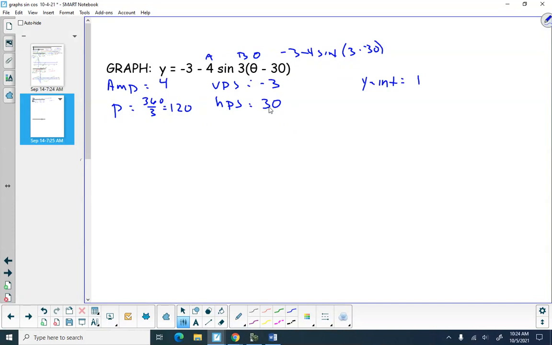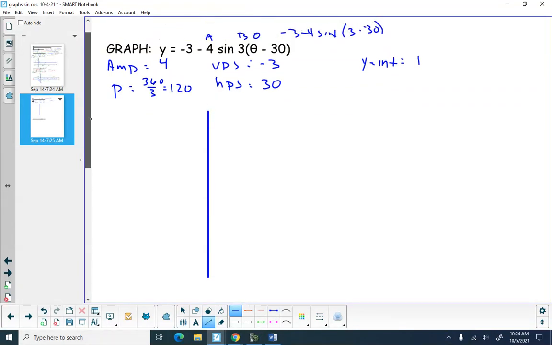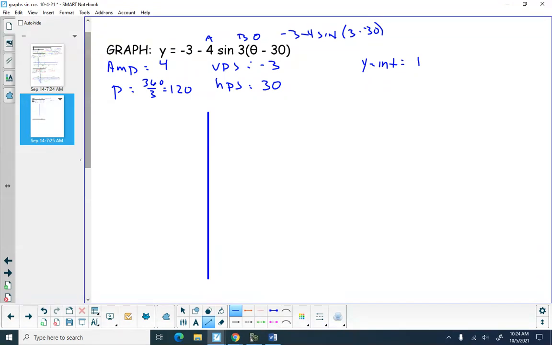All right. So take a look at the graph now. My amplitude is 4, and my vertical shift is -3, which is going to push my graph downward.